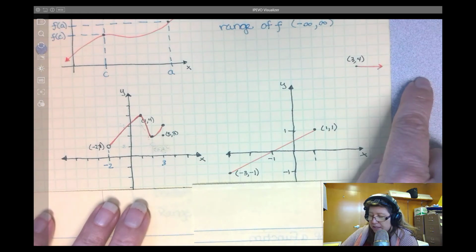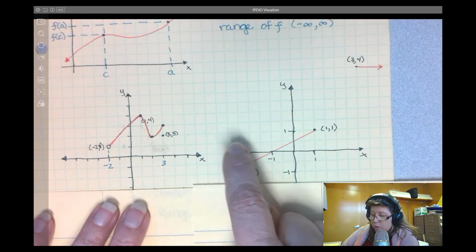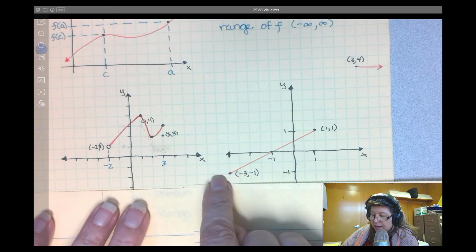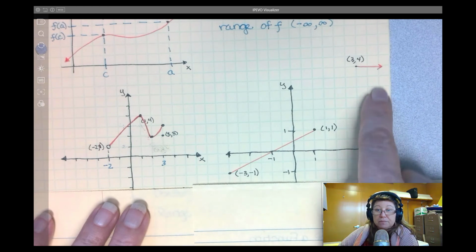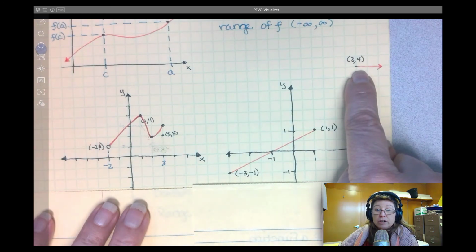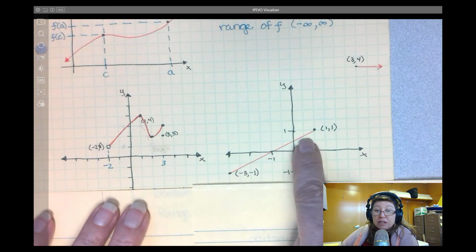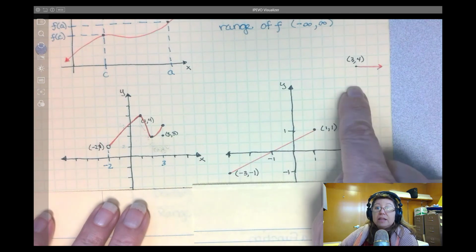Okay, let's look at the x values first. The domain can go as far left as negative 3, and then it stops at 1, and then it picks back up at 3. So our domain is from negative 3 to 1, and then 3.